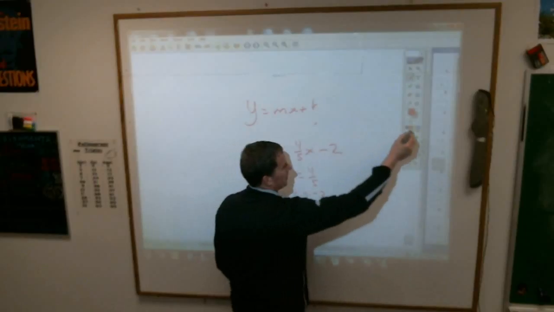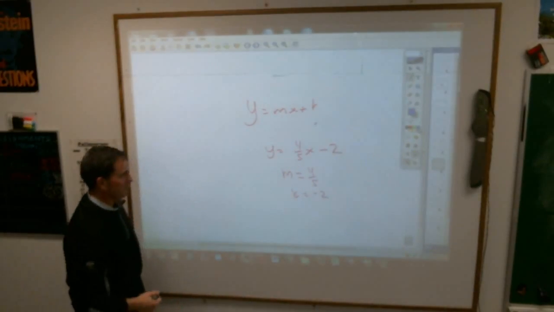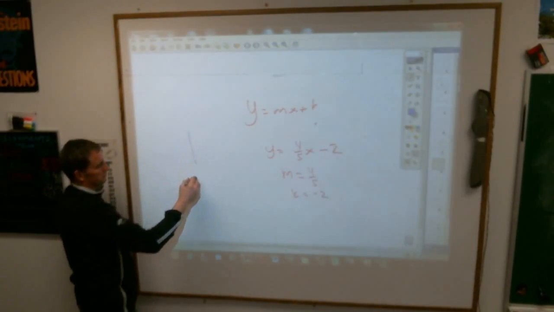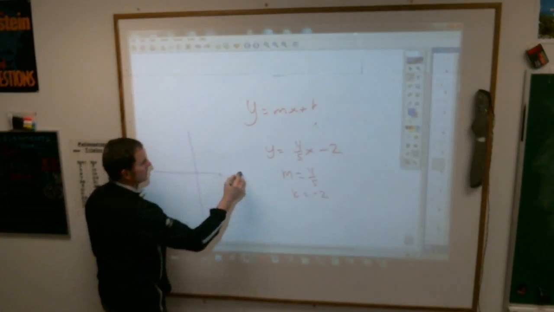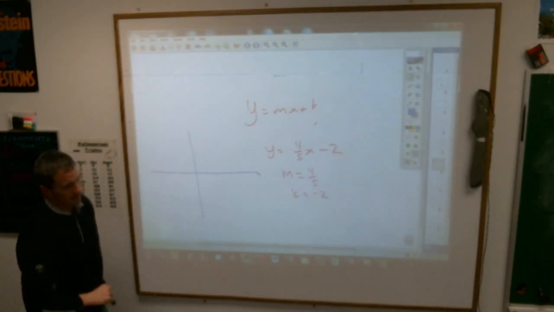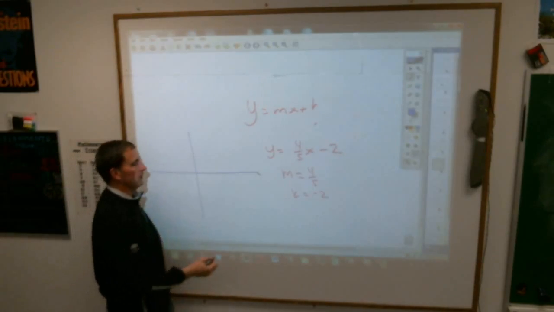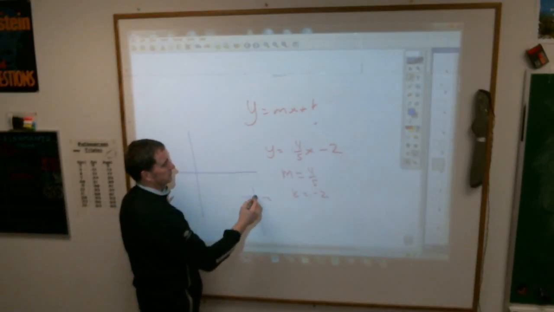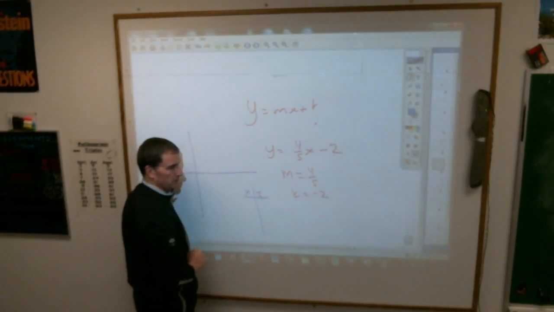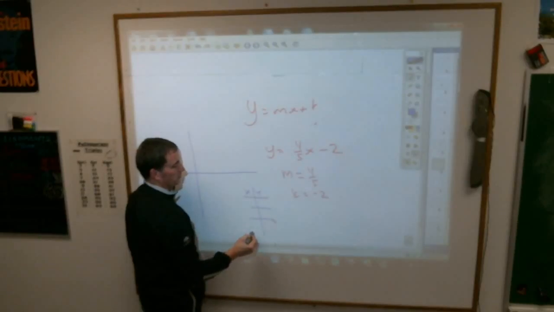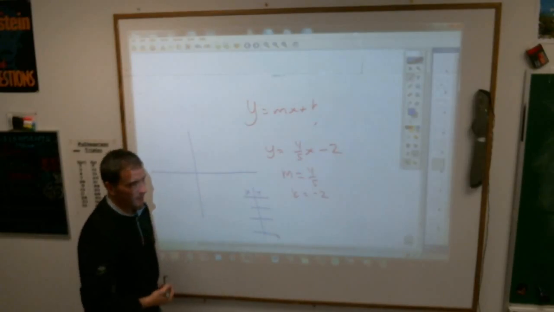Well, when you did that problem on your math homework, those of you that were good students, I'm sure some of you maybe cut some corners or not. When you graphed that, how did you do it? Well, I'm guessing you had to make a table of x and y values, and you had to plot those points, yes or no?